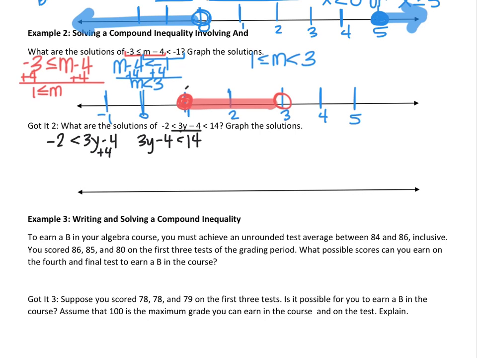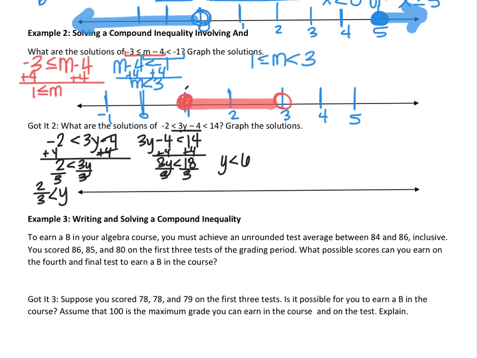Then you solve it, so we're going to add 4. We get 2 is less than 3y. Divide both sides by 3, so 2/3 is less than y. On the right hand inequality, we're going to add 4, and we get 3y is less than 18. Divide both sides by 3, and we get y is less than 6.